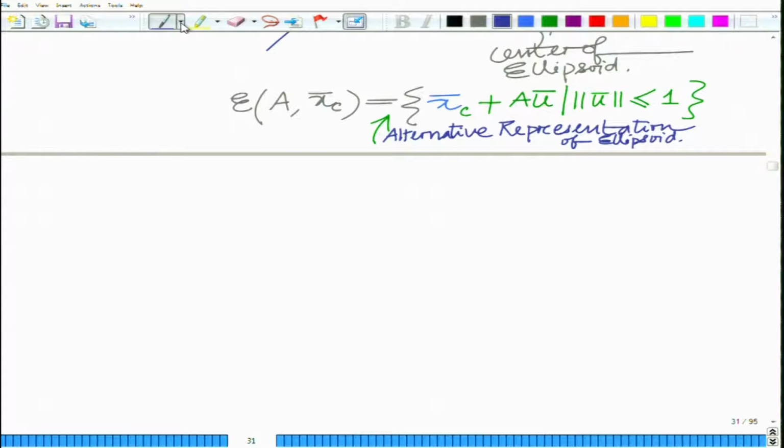Okay. Similar to the previous cases, let us look at a practical application of this. One of the aspects of this course is to also look at practical applications of these concepts.